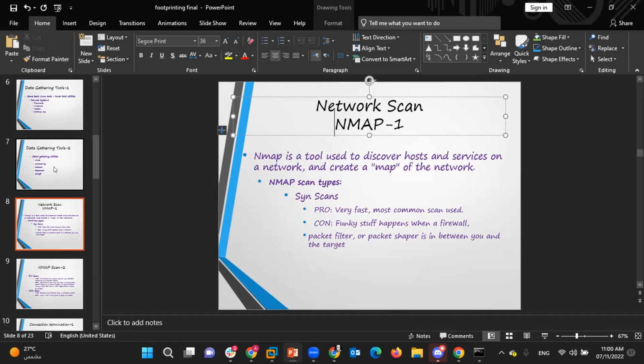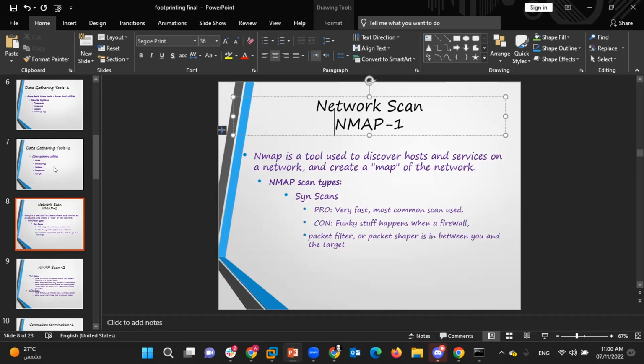Okay. And to collect this data, we go through many different tools. Many of them are similar. You can choose which one you are used to, prefer, or are comfortable with.